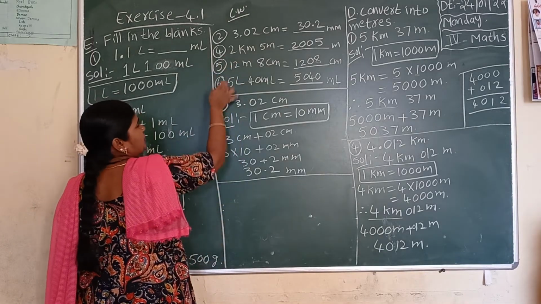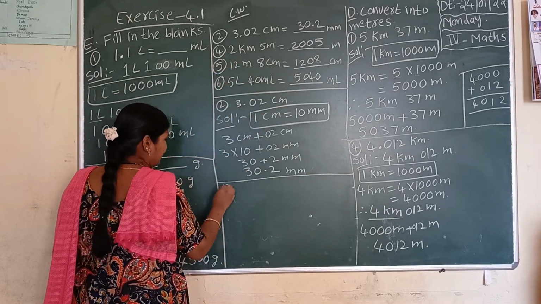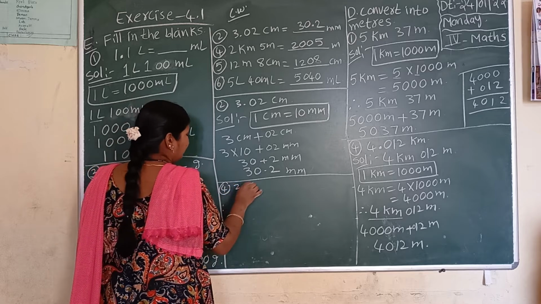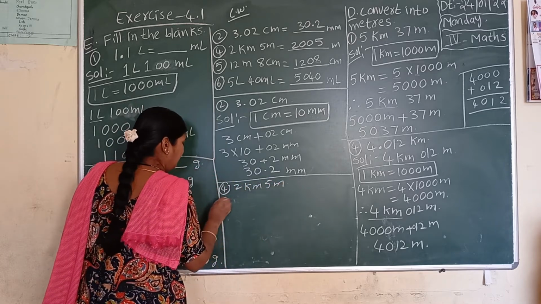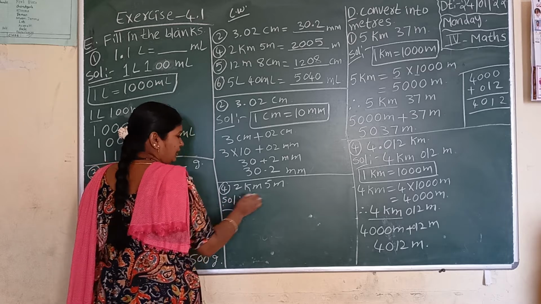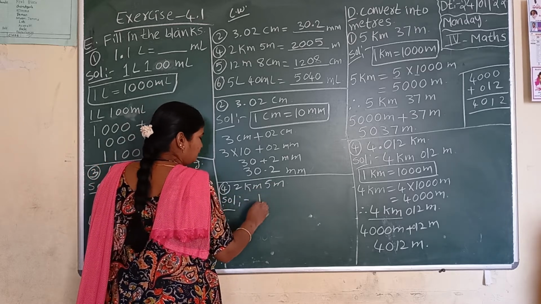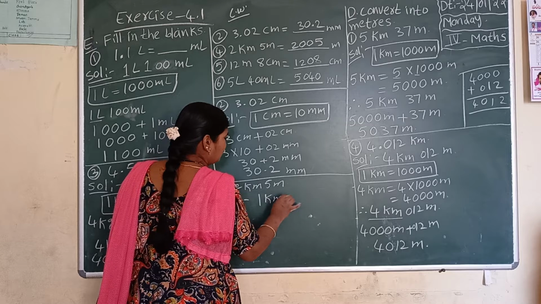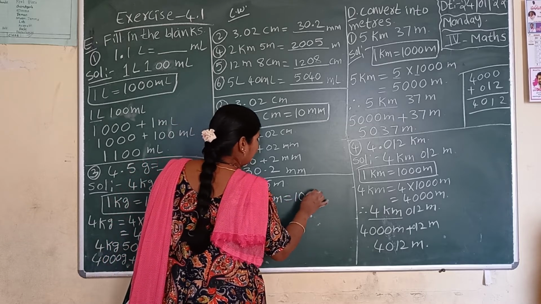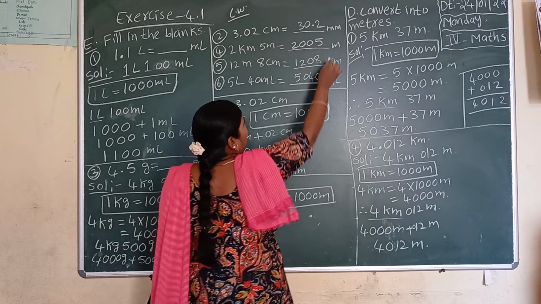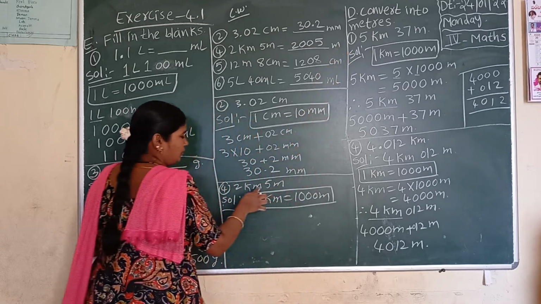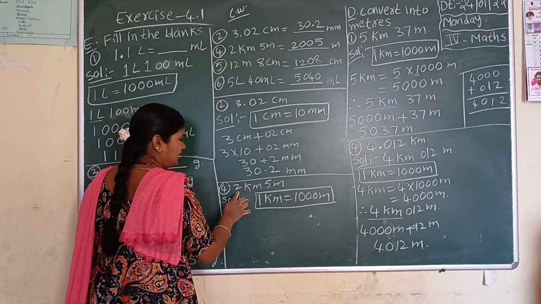This 4th, 5th, 6th are the same like that. Just you have to convert 2 kilometers, 5 meters. Here you have to use the formula. Which formula you have to use? 1 kilometer is equal to 1000 meters. They ask to convert into meters now. So you have to write down kilometers and meters.